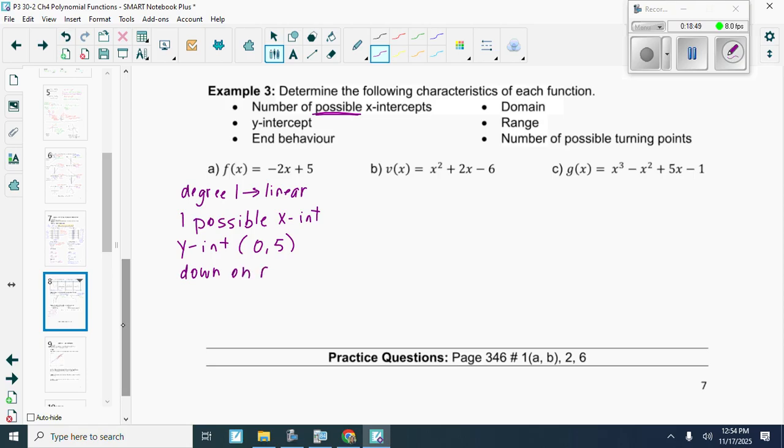What's it doing on the left? Up on the left because it's an odd degree. You might also see it described as, if it's up on the right, down on the left, it's doing something like this.